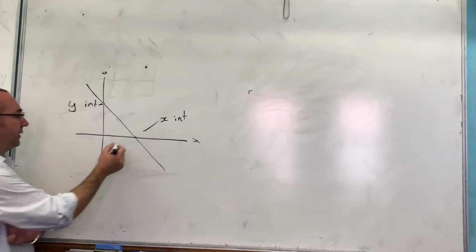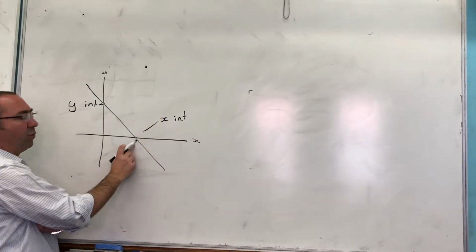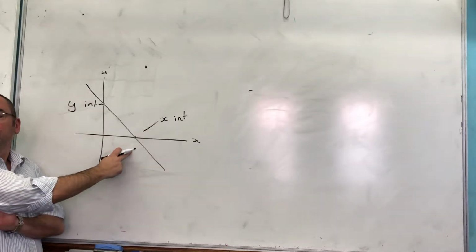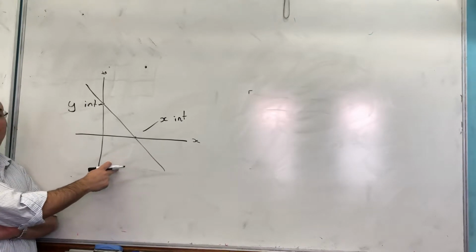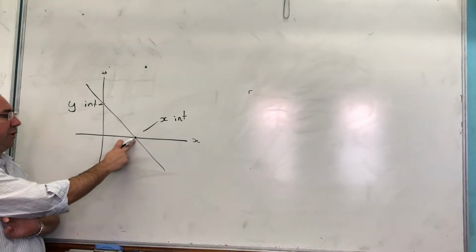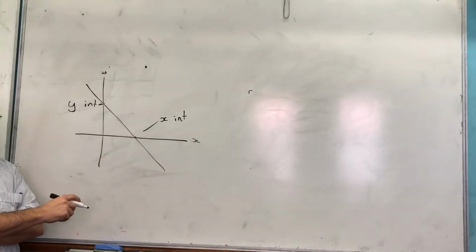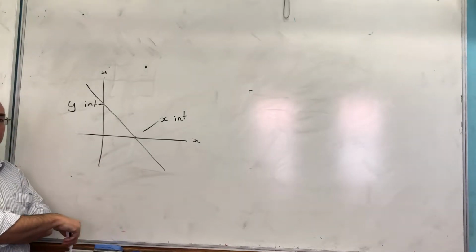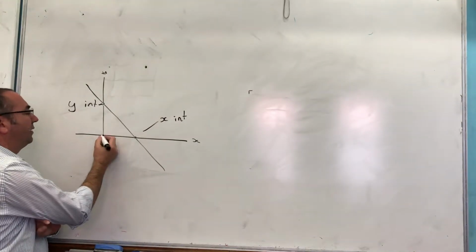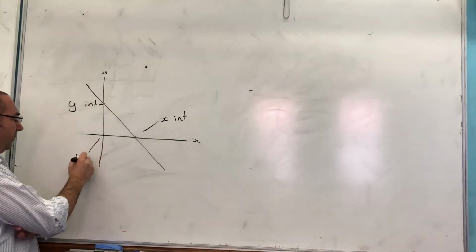One is, what's the y value? Let's see if you guys can see it from the graph. What's the y value where the line crosses the x-axis? Well, the y value is 0.